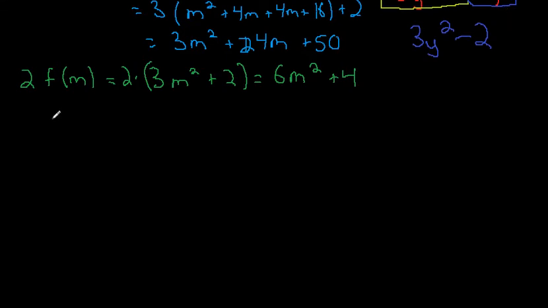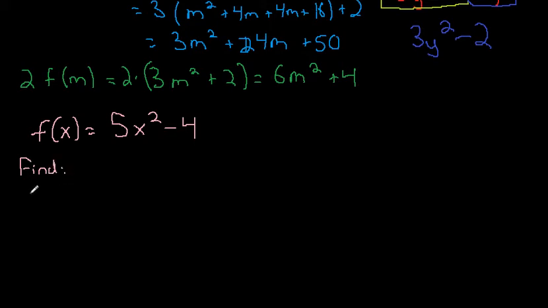Let me first define a function here. Let's make the function a little bit different. Let's say f of x is equal to 5x squared minus 4. Alright, so that's our f of x. And then what I want you to do is find the following functions.